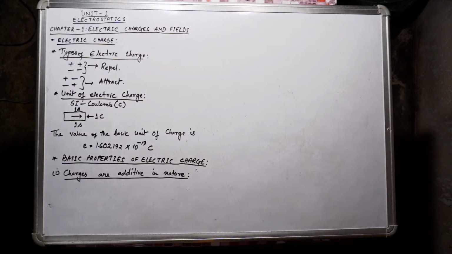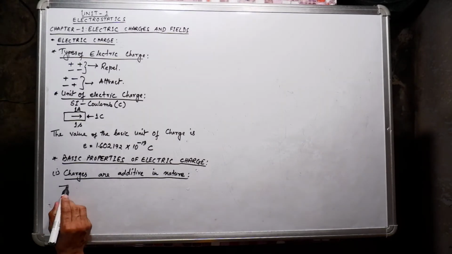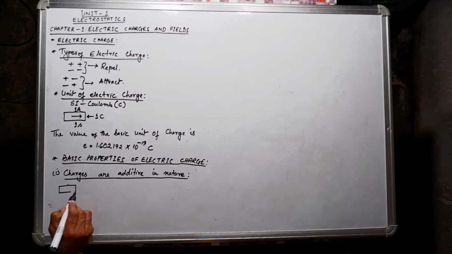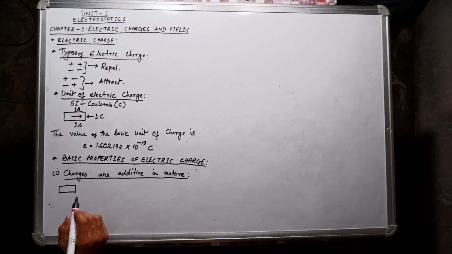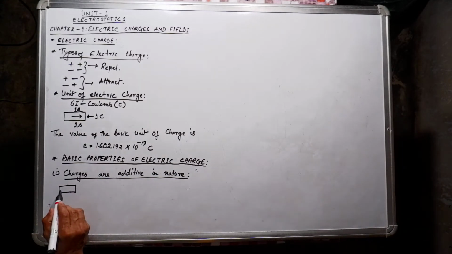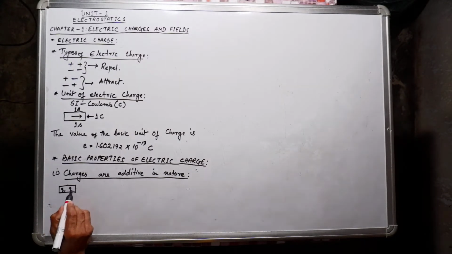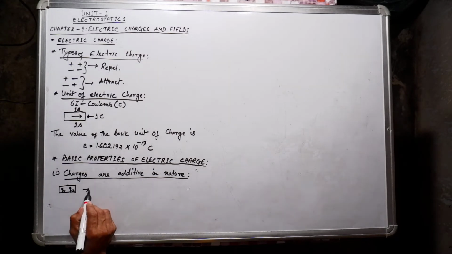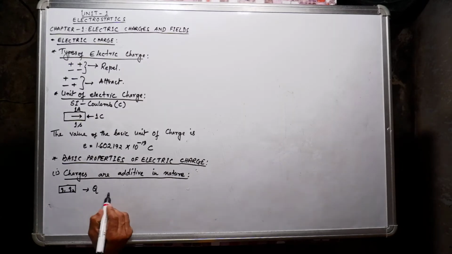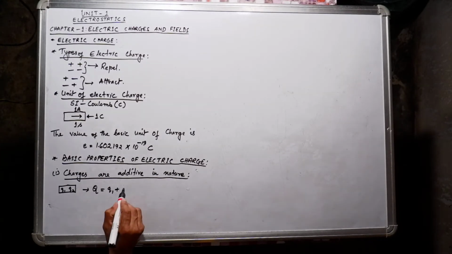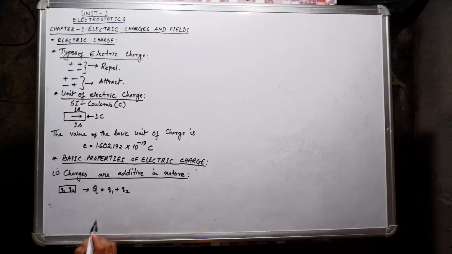Now, to make it more clear, let us take an example. If we have a conductor with two charges, Q1 and Q2, then the total charge of this conductor, which we write as Q, must be equal to Q1 plus Q2.